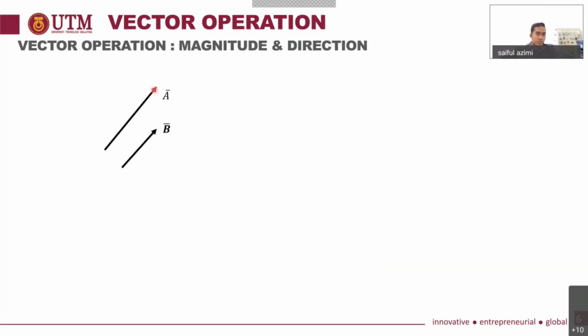So you see here, we have two vectors, vector A and vector B. So I wanted to ask you, is vector A equal to vector B? Guys, does vector A equal vector B?